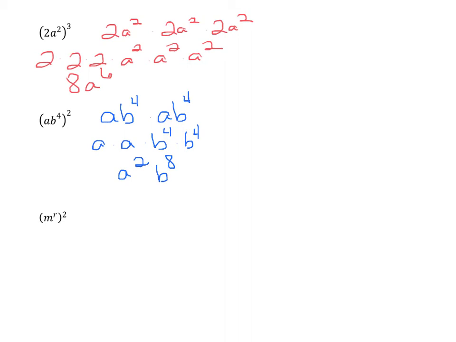And then on this last one, m to the r power, quantity squared, I have m to the r times m to the r. Well, the rule says as long as my base is the same, I can add these two exponents. r plus r is 2r, so this becomes m to the power of 2r.